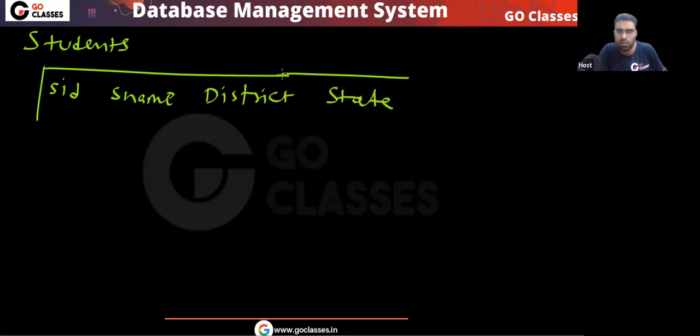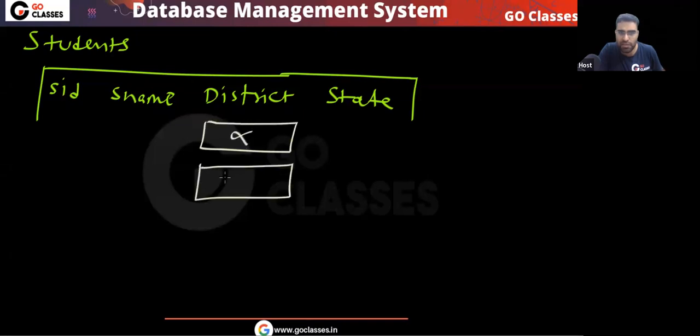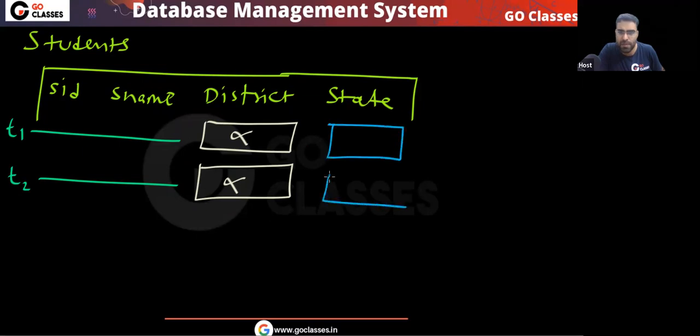In this relation, you tell me, if two districts are same. For example, if I put alpha here and alpha here, if districts are same in these two tuples, let's call them tuple T1 and tuple T2, then can you guarantee that the state name will be same?